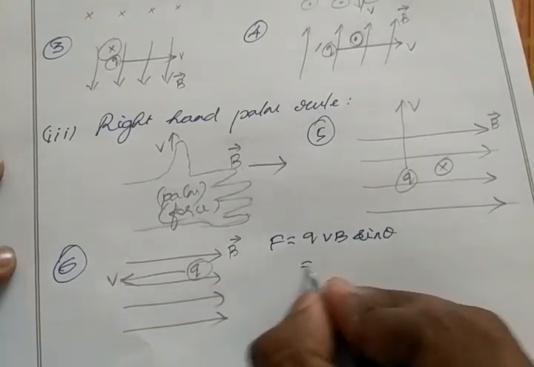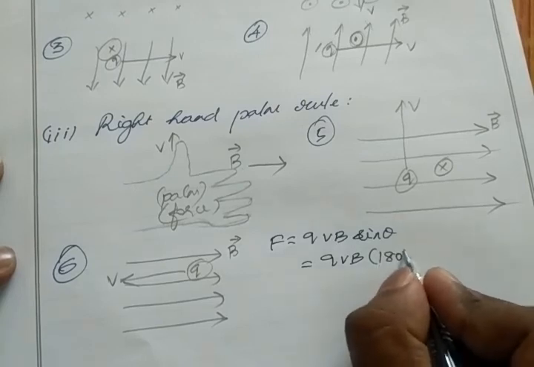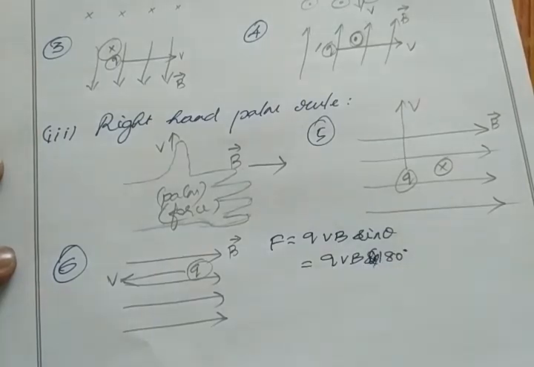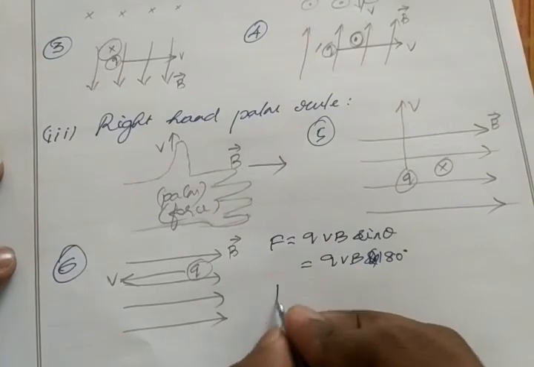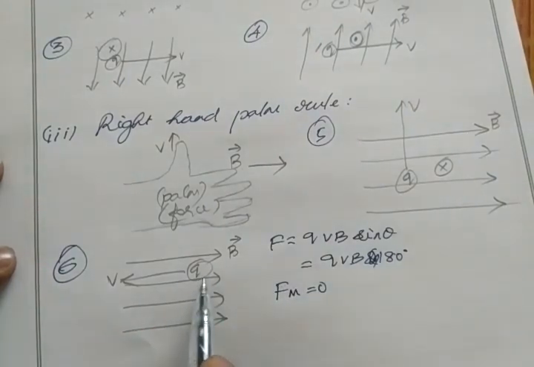So both create an angle of 180 degrees. So what is the value of sine 180? 0. So there will be no force acting on this charge. Okay, because both are in anti-parallel direction, sine 180 value will be equal to 0.